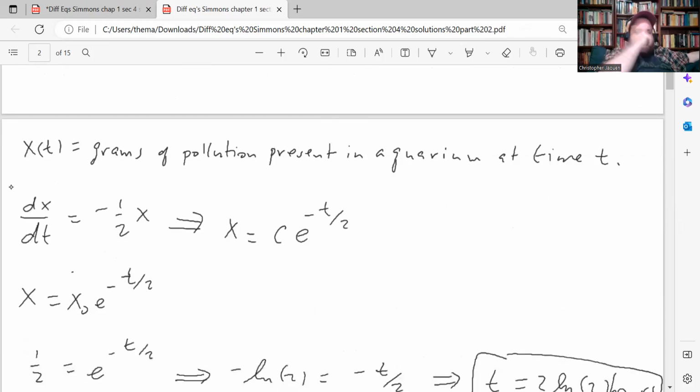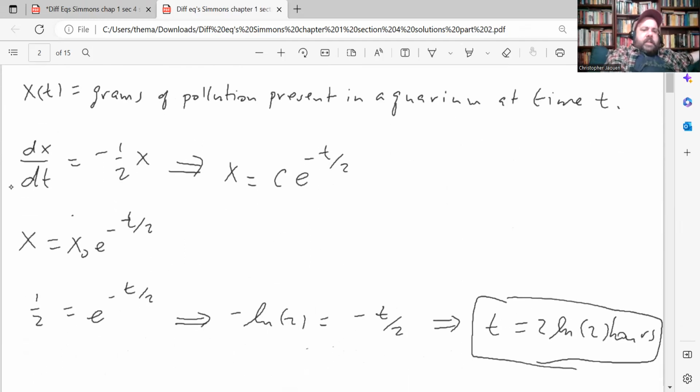Okay, so here x of t, I'm calling grams of pollution present in the aquarium at time t. dx/dt is the amount of grams of pollution coming in minus the amount of pollution in grams going out. There's 0 grams of pollution coming in because it's only pure water that's being input into the system, right?